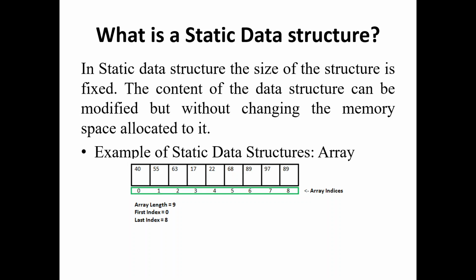That is the example of static data structure. Here I have shown a fixed data structure from 0 to 8, meaning n number of memory locations you can create. In the example the last index is 8, meaning we have used a fixed array.